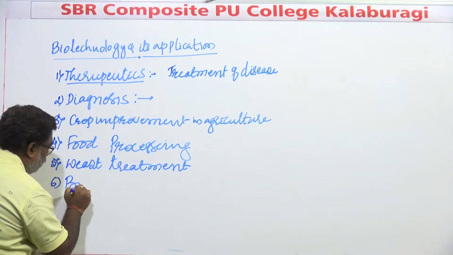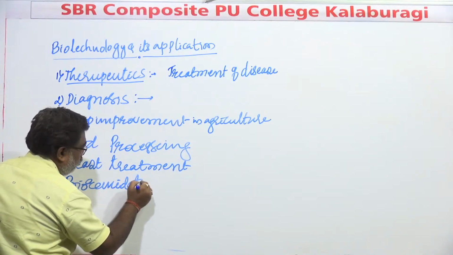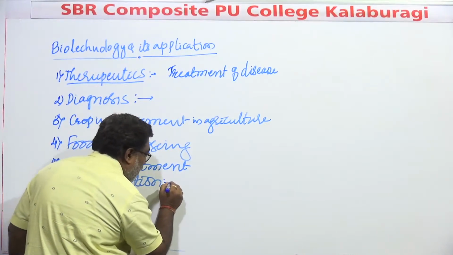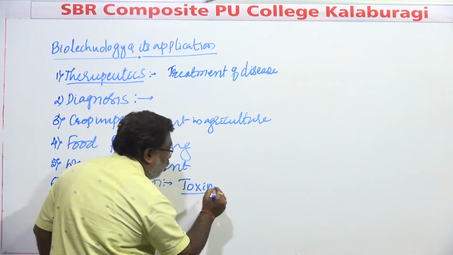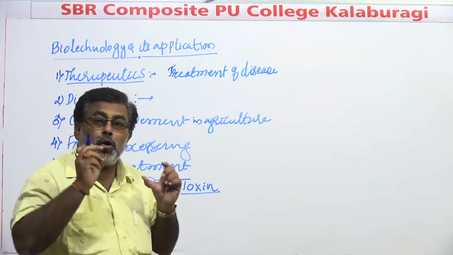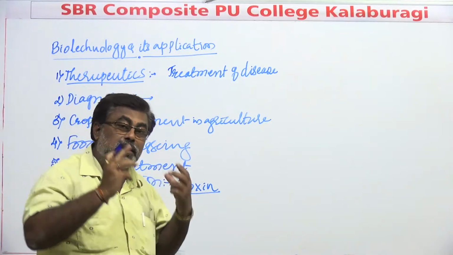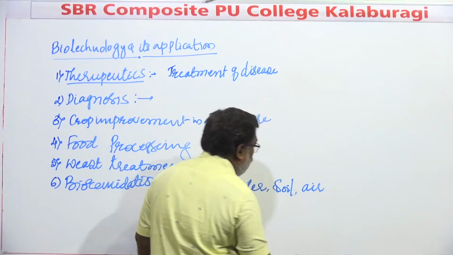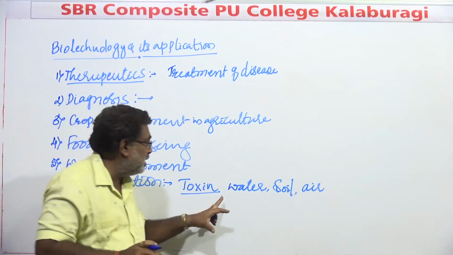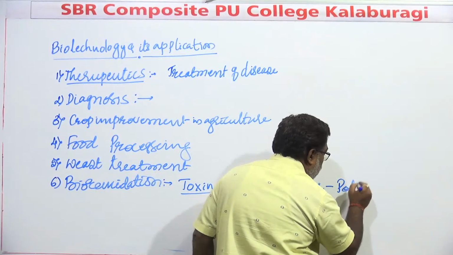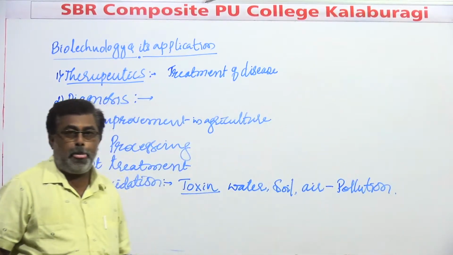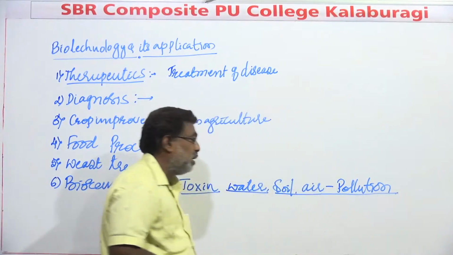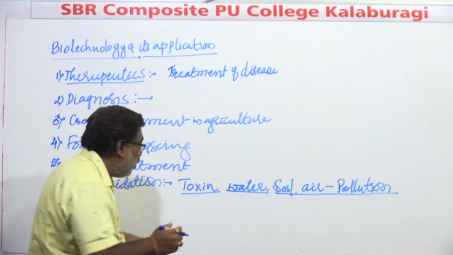Next one is bioremediation. Here, bioremediation means toxins or toxic substances will be present in the water, soil, and air. The toxic chemicals or substances present in the air will cause pollution. So the toxins present in the water, soil, and air will be removed.